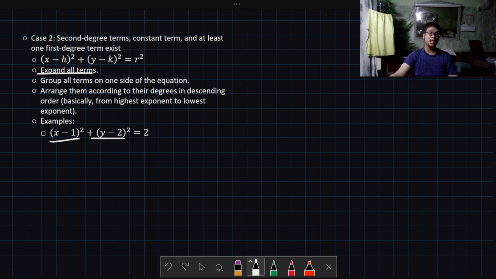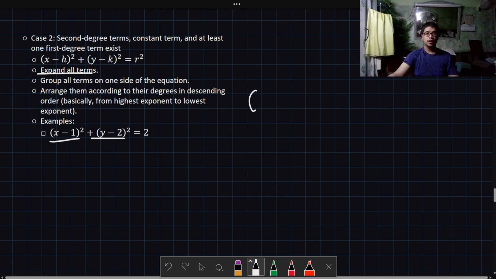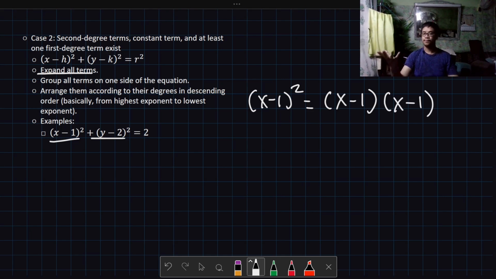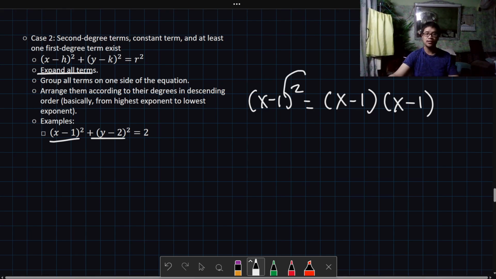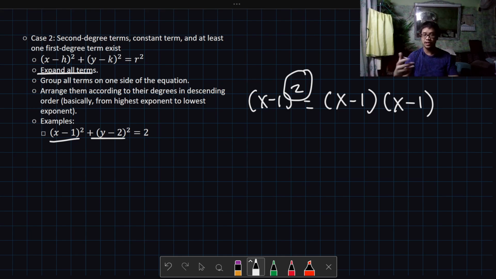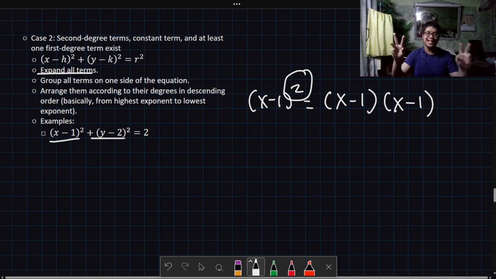One, we will do it manually. So x minus 1 squared, in this case, is just the same as quantity x minus 1 times quantity x minus 1. They're just the same. The exponent simply tells you how many x minus 1s there are for you to multiply.